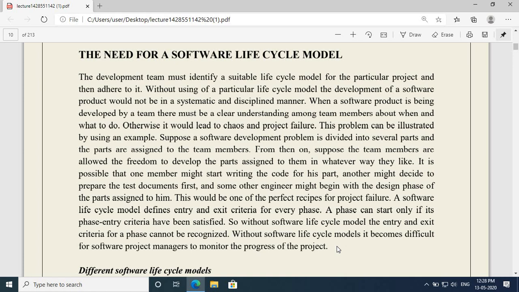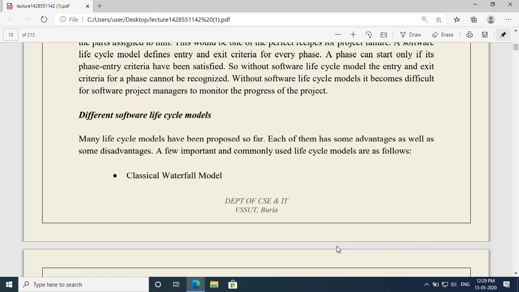Diagrammatic representation means there are some steps that must be followed by any software engineering team, and the need for a software lifecycle model is for a disciplined, engineered manner. If we want to develop the software, then we must follow a lifecycle model. Okay, so this is known as the need for a software lifecycle model.